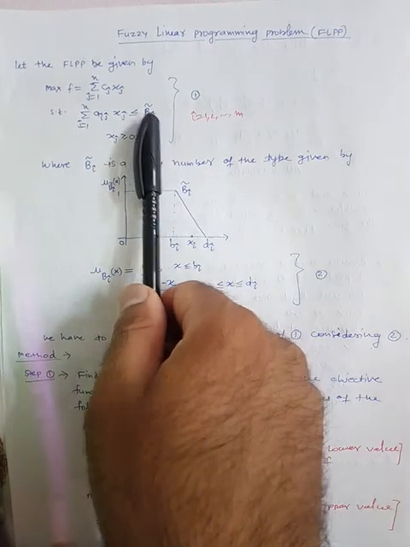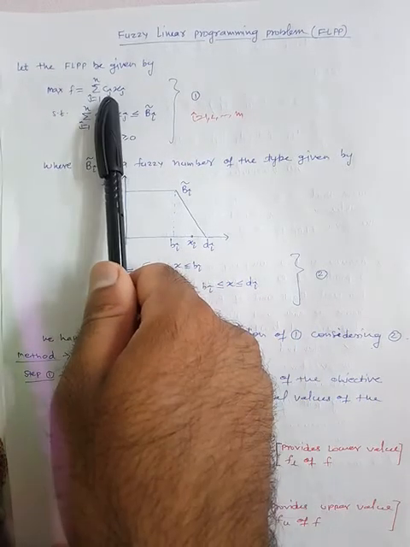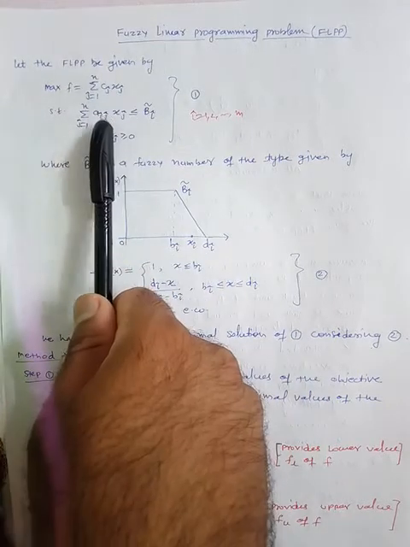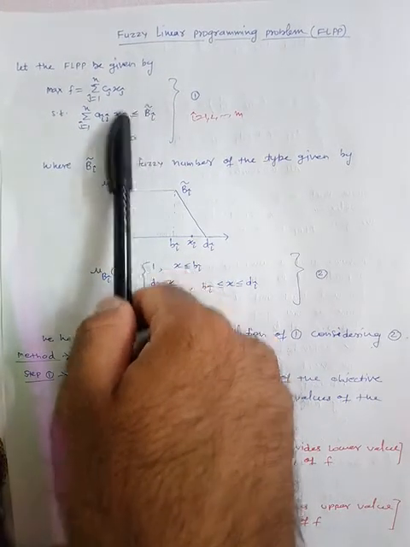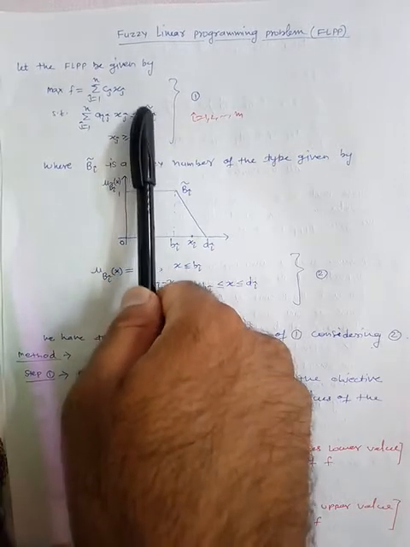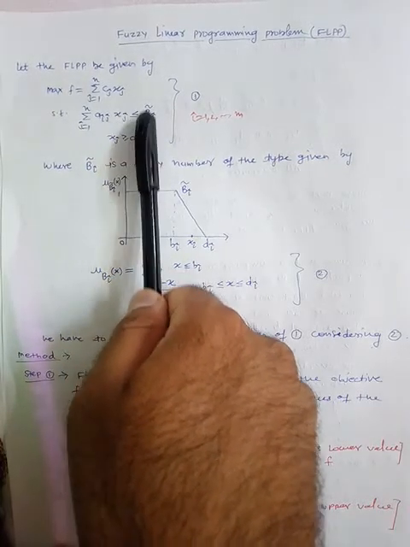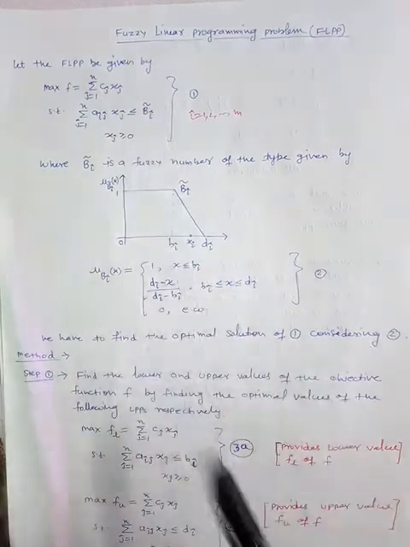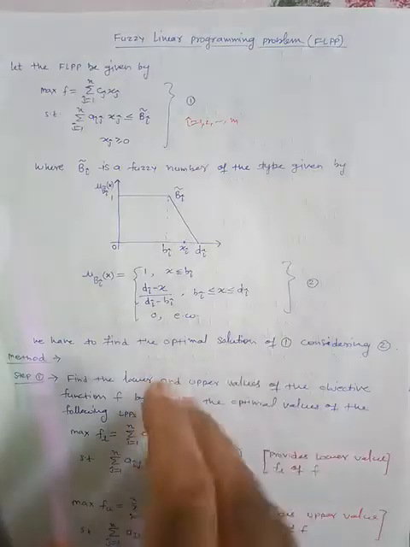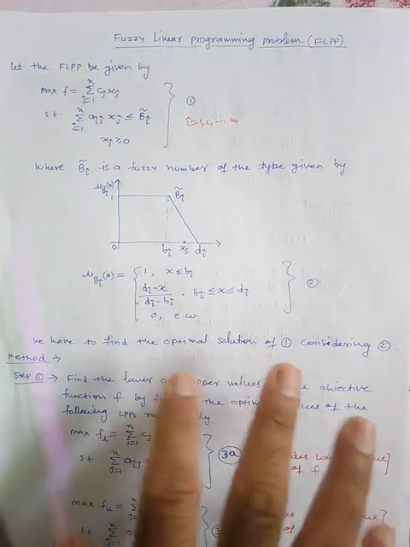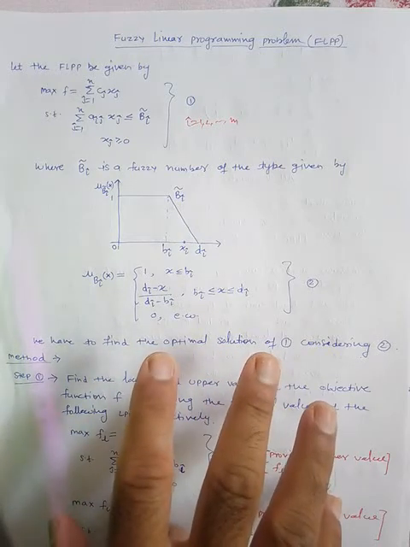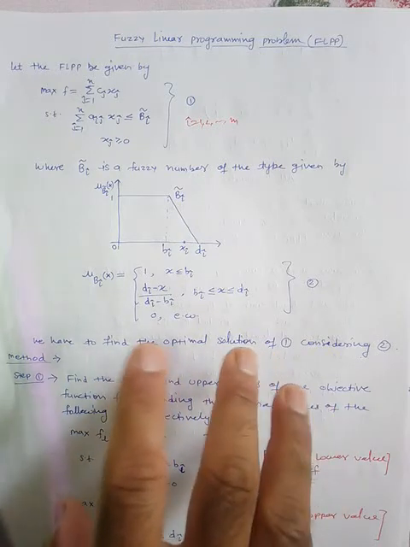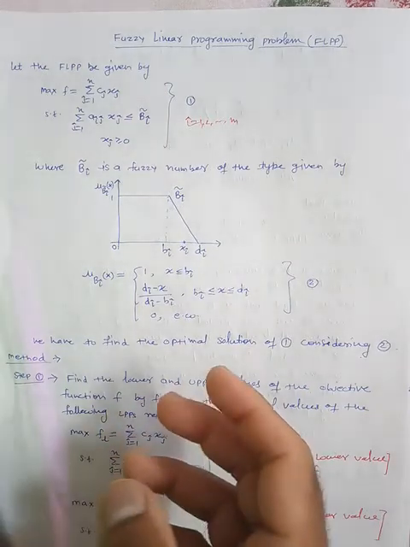But in a fuzzy linear programming problem, cj may be a fuzzy number, aij may be a fuzzy number, or this inequality may also be fuzzy, meaning it is not exactly less than or equal to. It may be an uncertain less than or equal to.